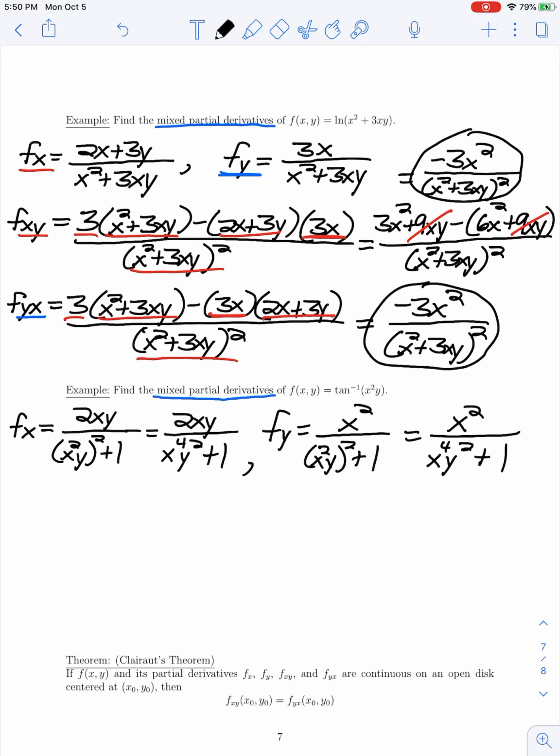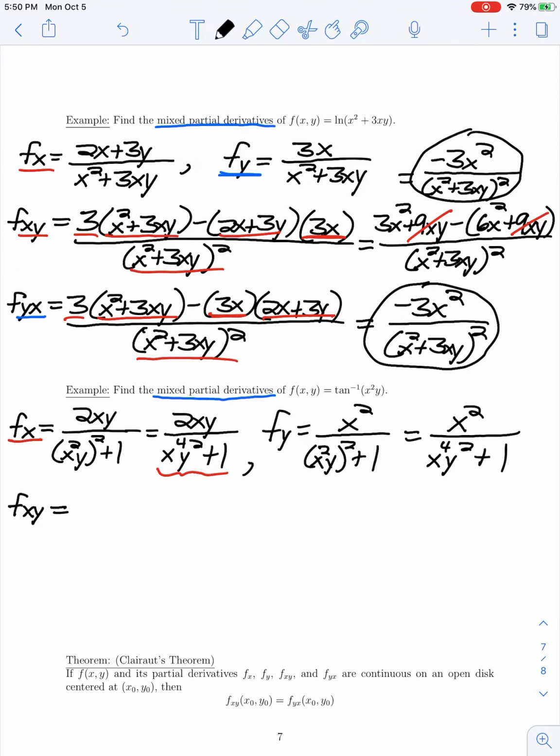So now to find our mixed partials, well, let's start with f sub xy. So I'm going to take the partial with respect to x, which was shown here, and then differentiate with respect to y.